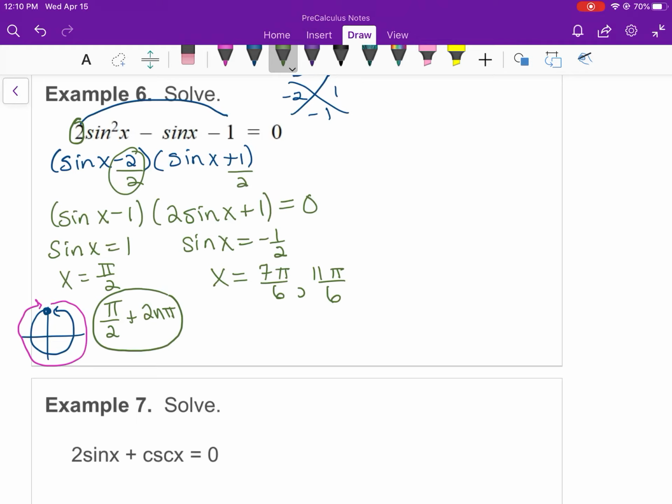All right, let's try that over here. So I'm going to start off by putting 7 pi over 6 right here. 11 pi over 6 is right here. If I want to start here at 7 pi over 6, the only way I'm going to get back to that angle is to draw a complete circle. So I'm going to add 1 revolution.